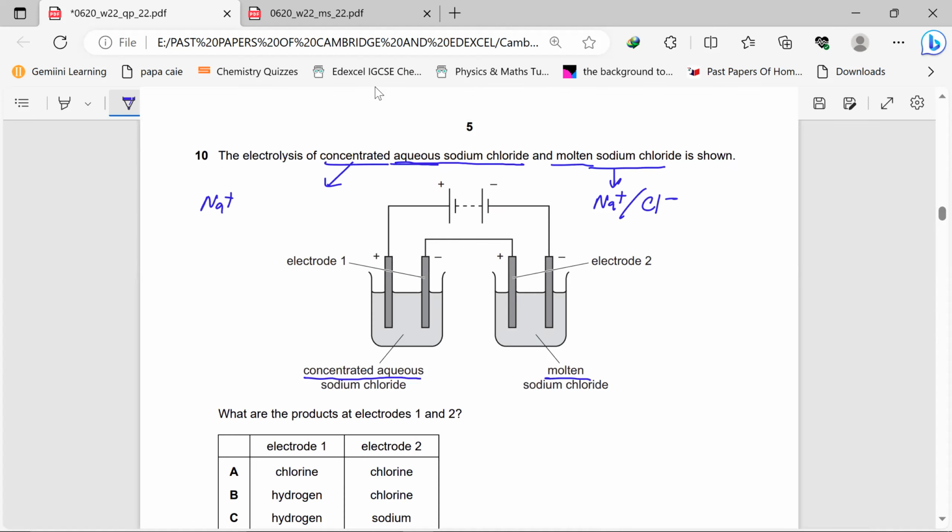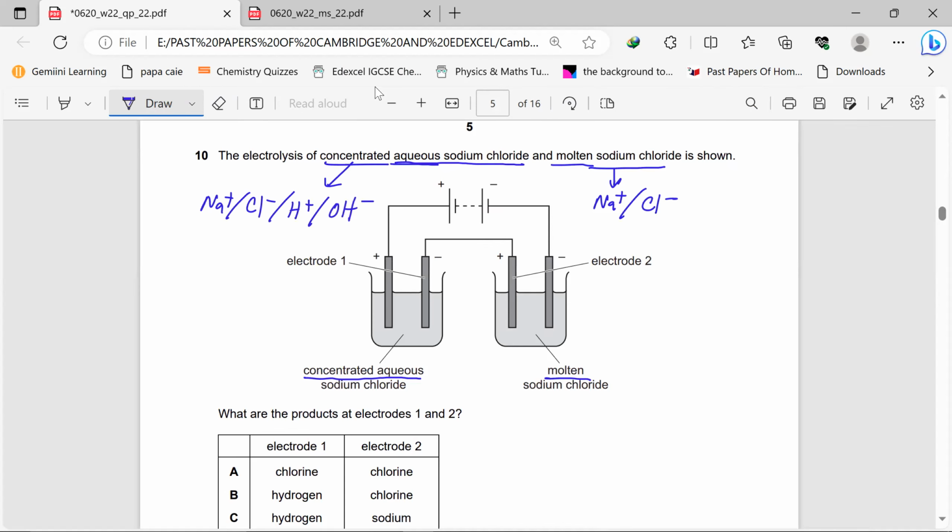Sodium ion for sure, we have chloride ion, we have hydrogen ion, and we have hydroxide ion, because whenever they give you any solution, in aqueous state or in dilute state or in concentrated state, you need to understand you have hydrogen ion and hydroxide ion from water, because water slightly dissociates. If I write it here, water slightly dissociates to form hydrogen ion and hydroxide ion, and water, being a covalent substance, ionizes partially.